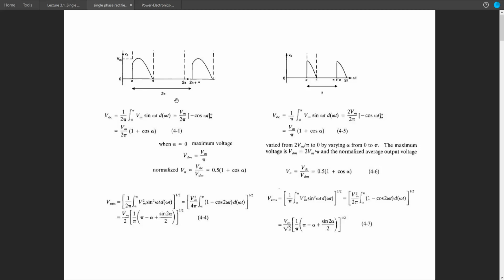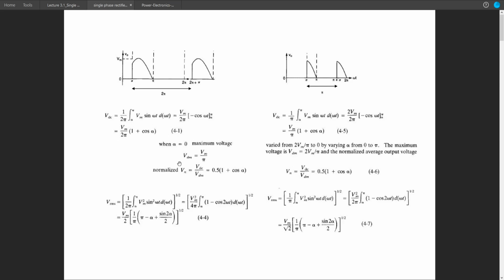So here T is 2π. If we derive the formula for average voltage, it will be something like this: 1 by T, integrated from the lower limit to the upper limit, where the lower limit is alpha and the upper limit is pi, of the equation of the waveform. This gives us the final formula for the DC voltage.